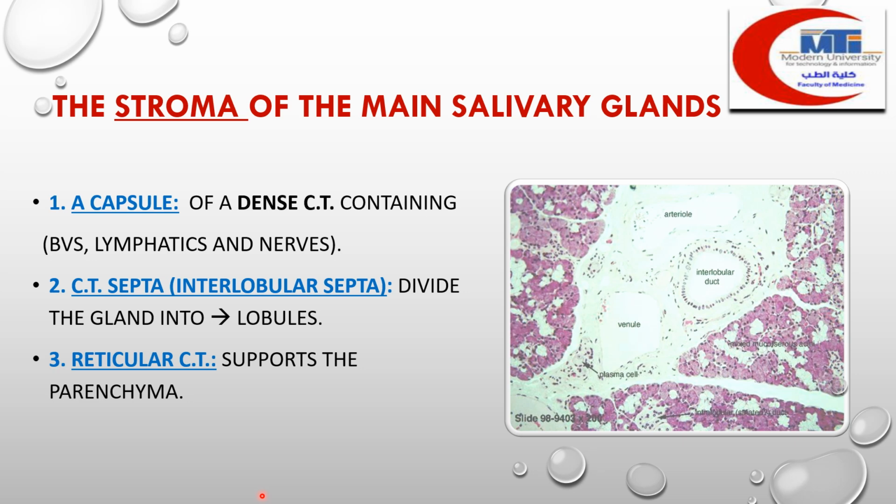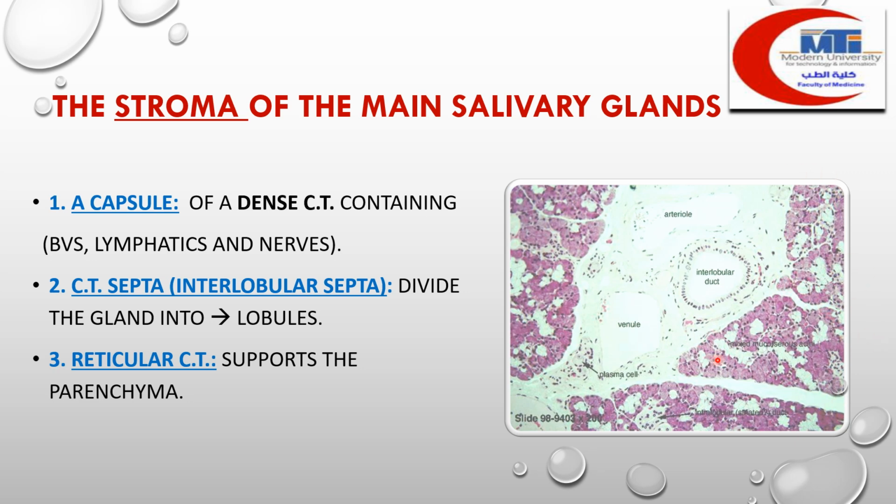The stroma of the main salivary glands is formed of the capsule, which is the outer covering of the gland. It is formed of dense connective tissue containing the blood vessels, the lymphatics, and nerves, which supply the gland. From the capsule, septa or trabeculae extend, dividing the gland into lobules.